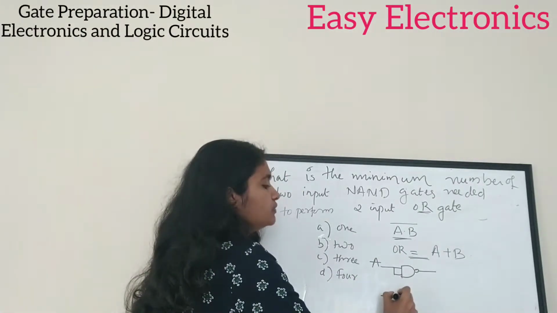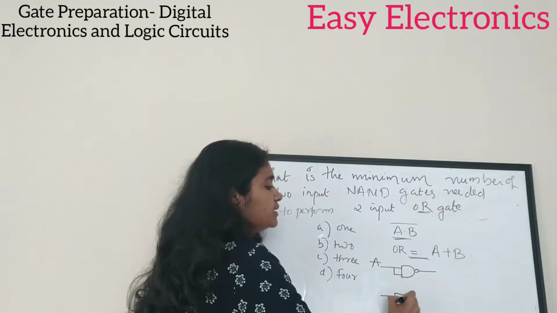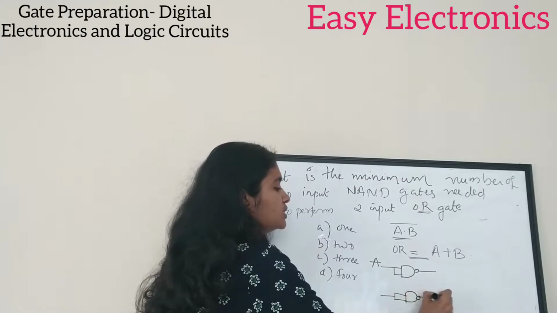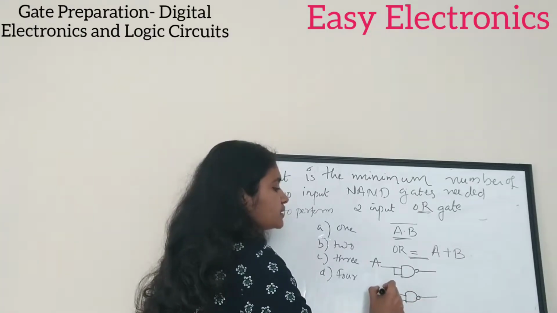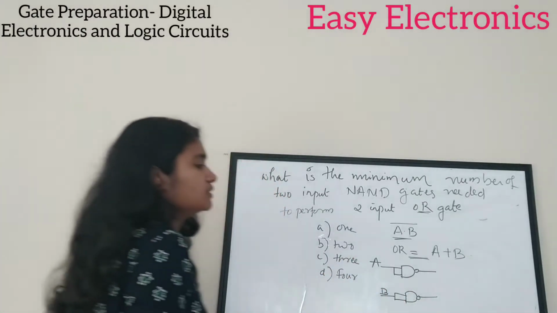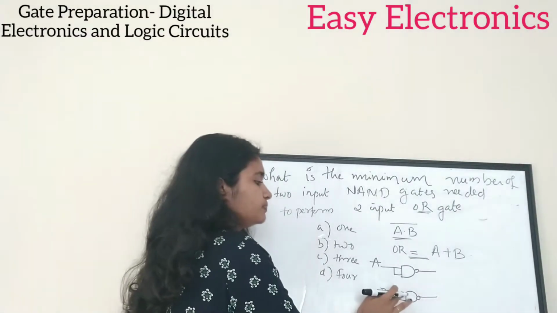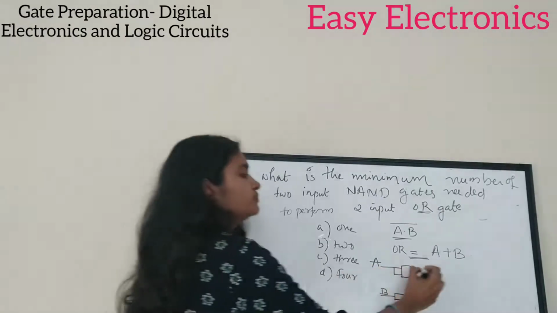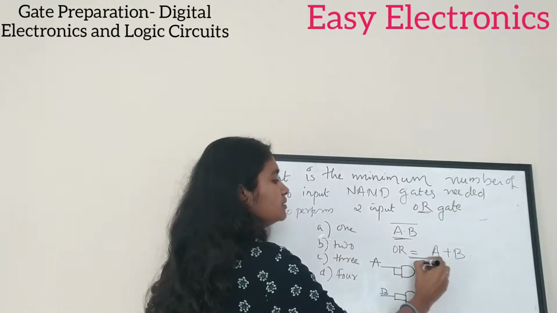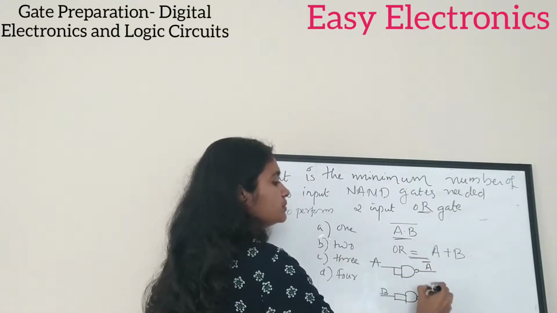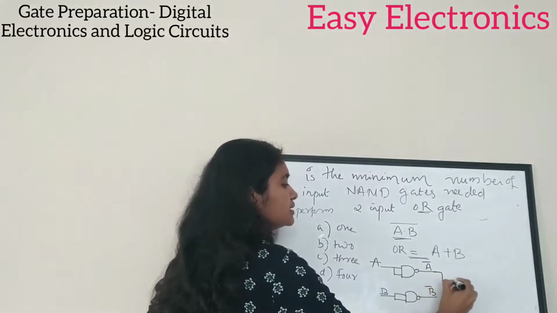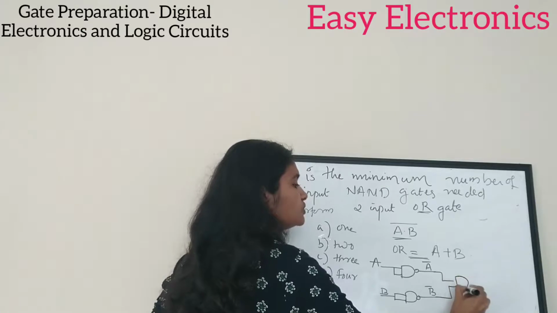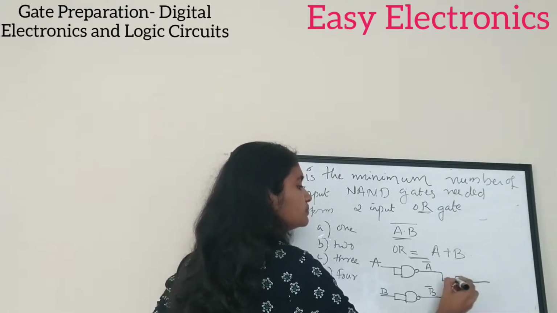Similarly, I have to take another NAND gate, short its inputs, and apply my next input, which is B. Now here it is A bar and here it is B bar. Take another NAND gate and apply these as the inputs of the third one.